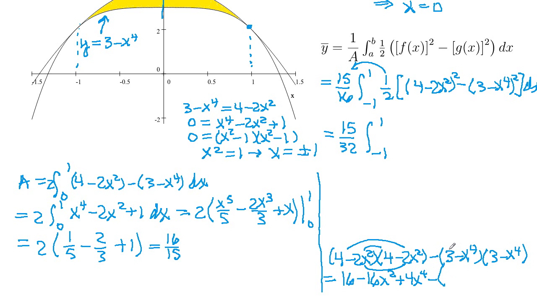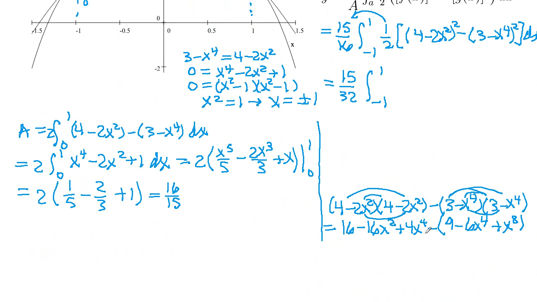minus, parentheses, first terms, 9. Outer, minus 3x to the 4th, inner minus 3x to the 4th, so minus 6x to the 4th. And then last terms, negative times negative, positive x to the 8th. So now if we go ahead and collect like terms here, we want to change signs, remove the parentheses and change signs.